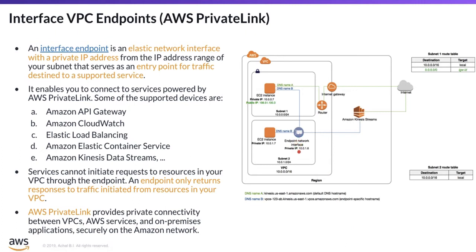It's an elastic network interface with a private IP, which can connect to many of the AWS services with a technology called AWS PrivateLink. AWS PrivateLink is an infrastructure provided by AWS which helps in privately connecting a VPC with on-premise applications, AWS services, or any services at the marketplace.